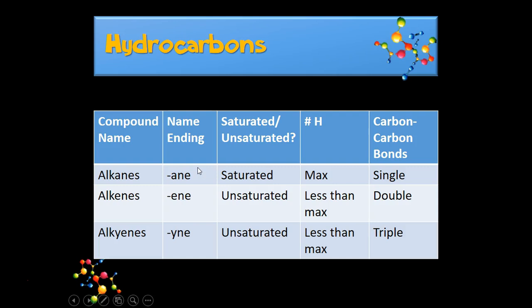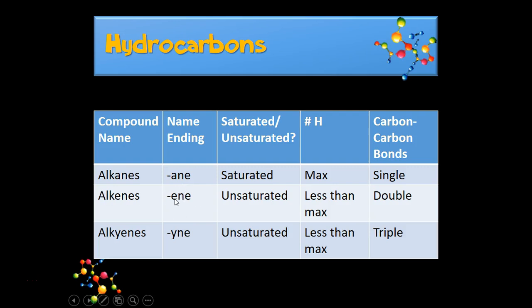But something we should understand: if I've got a compound name that ends in A-N-E, first off, it's going to tell me that it's a saturated hydrocarbon, and we'll go into what that means in a little bit. But essentially, it's like talking about a saturated solution, so I've got the maximum number of hydrogens I can produce in order to make that work. That means I'm going to have to produce strictly carbon-to-carbon single bonds.